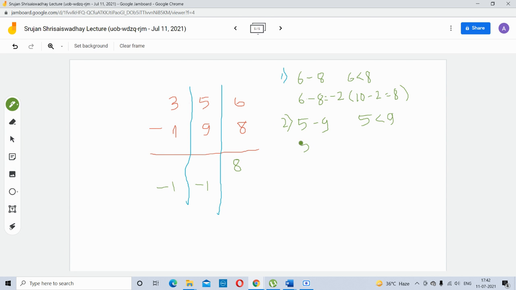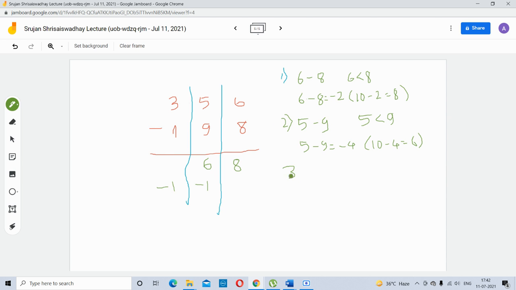So 5 minus 9 is minus 4. So what is that? 10 minus 4 is 6. So you put a 6 over here directly as it is.